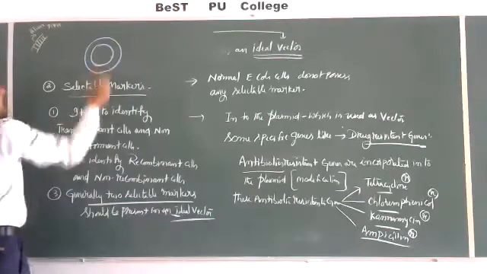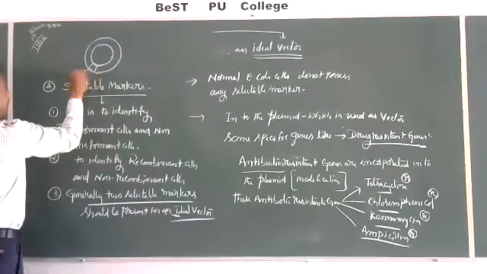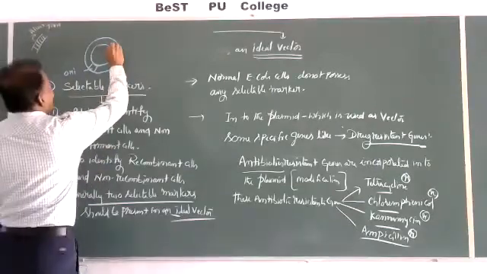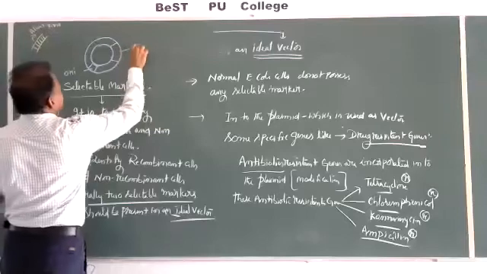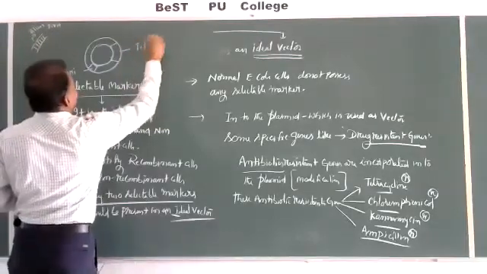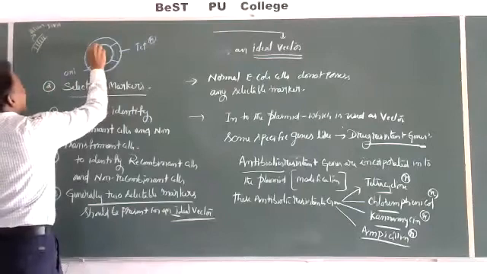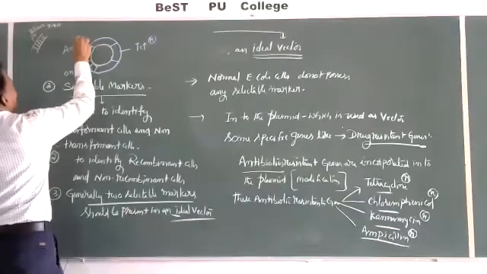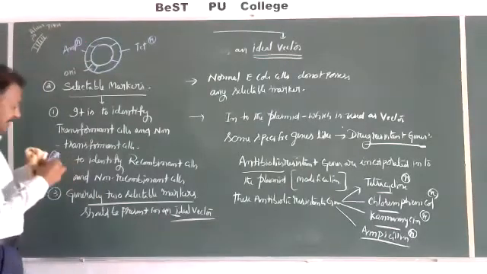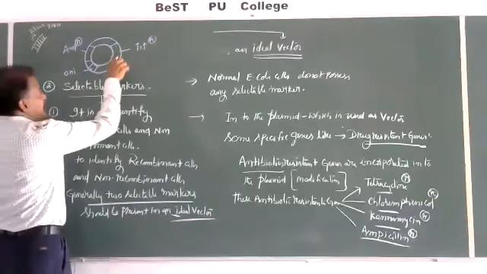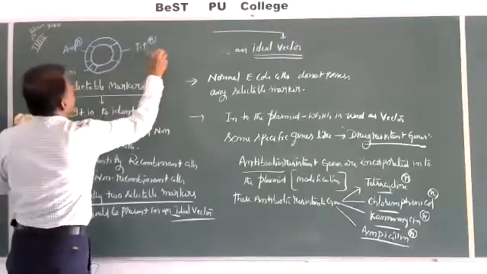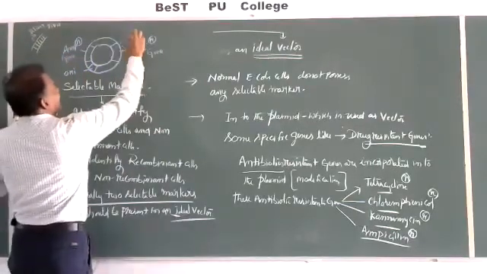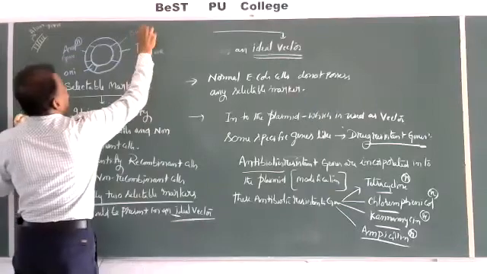When we are constructing the plasmid, compulsorily an RE site should be there, and one gene for drug resistance, the tetracycline resistant gene, and another gene here, the ampicillin resistant gene. And here, my dear students, in the tetracycline resistant gene and ampicillin resistant gene, there are sites for BamHI.